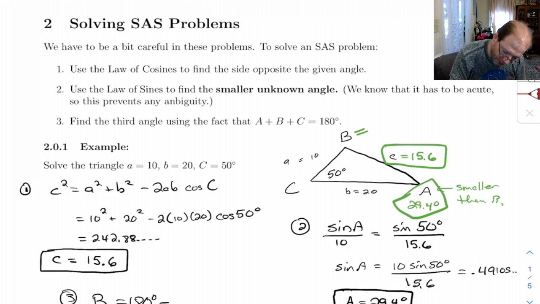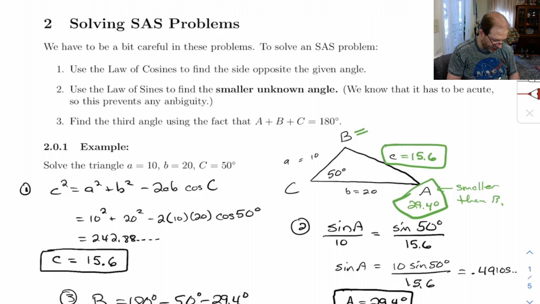Let's see, 180 minus 50 minus 29.4 degrees gives me 100.6. So angle B is 100.6 degrees.